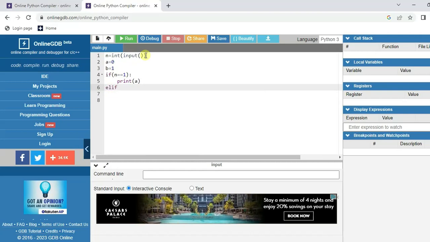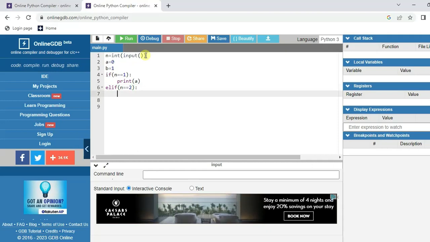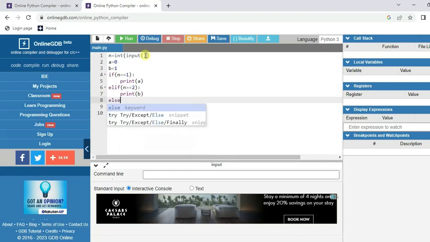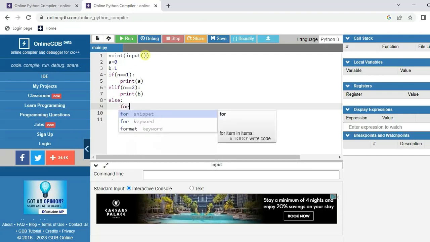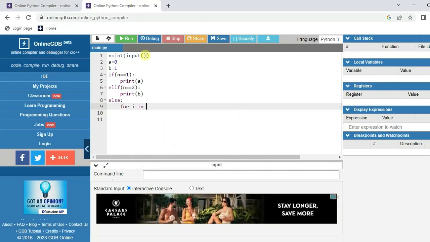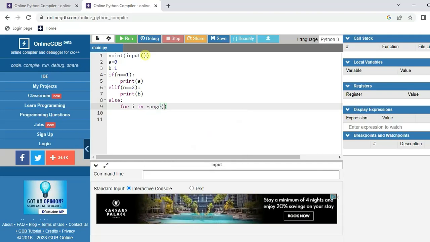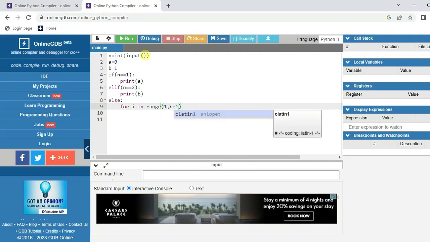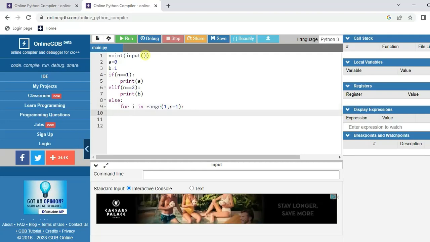else, that means else if in other languages. We will print B, else, if it is not the case, we are taking from 1 to n plus 1.